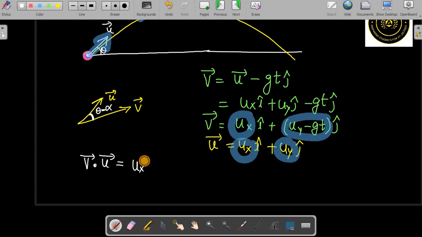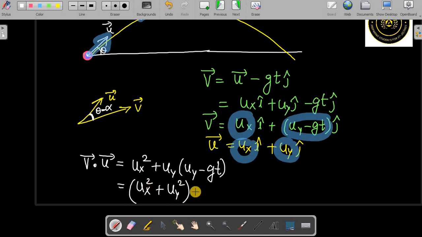You will get ux square plus uy into (uy minus g t). You can club this together: ux square plus uy square, minus g into uy t, right? This is what v dot u is.